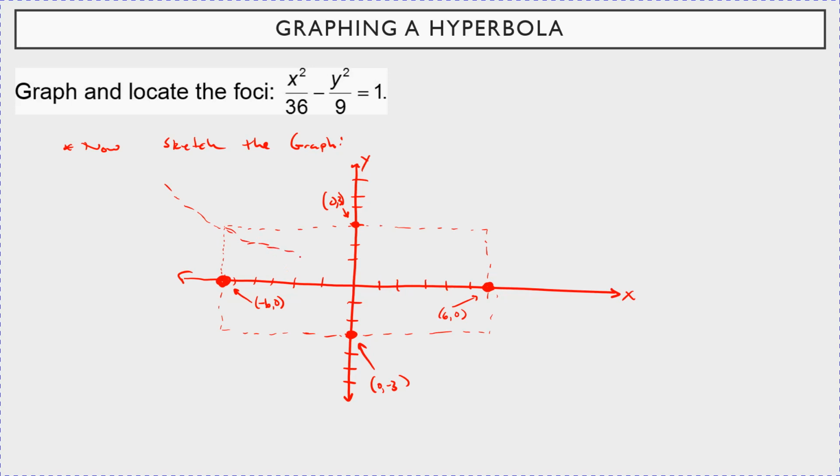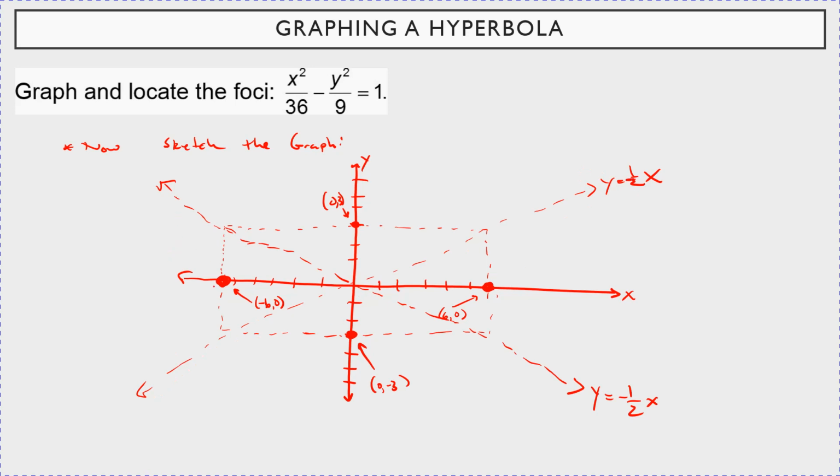That goes through the corners of the rectangle and the center. And then this other one here, like this, is the other slant asymptote, y is equal to 1/2 x.